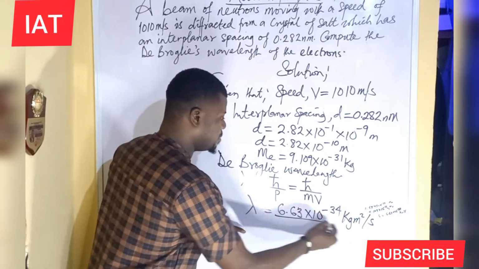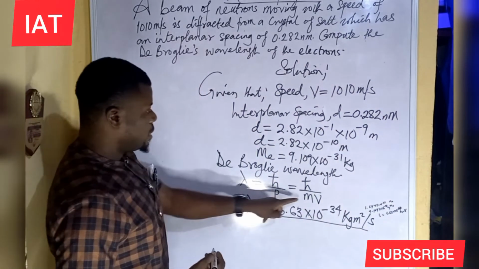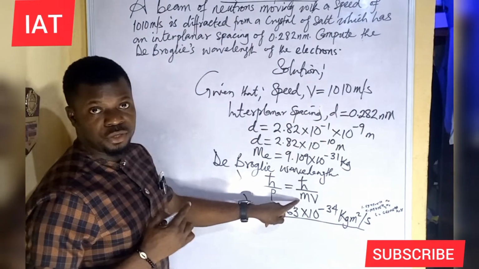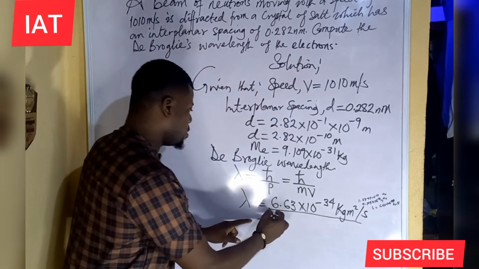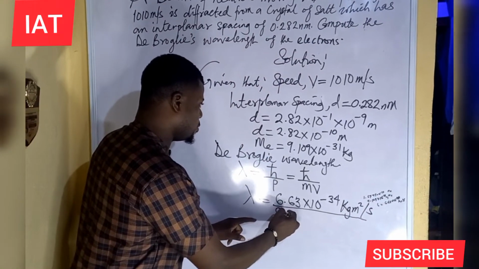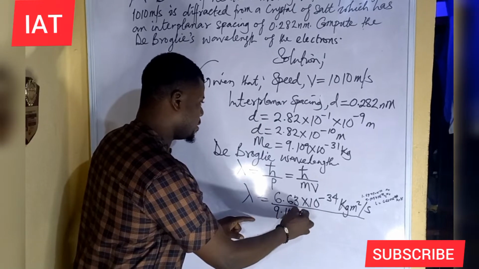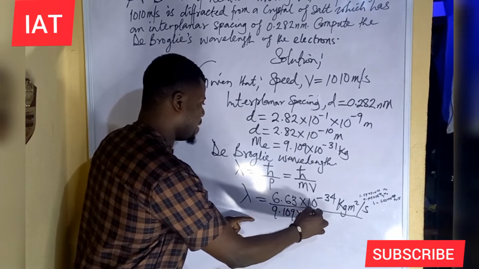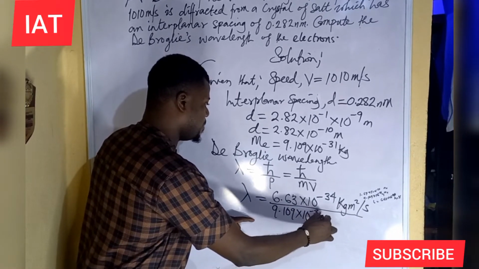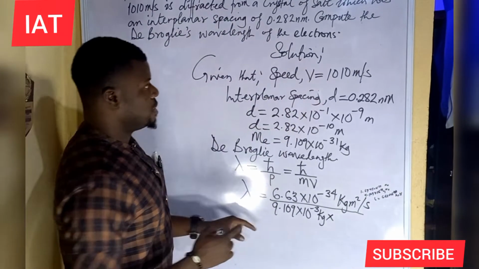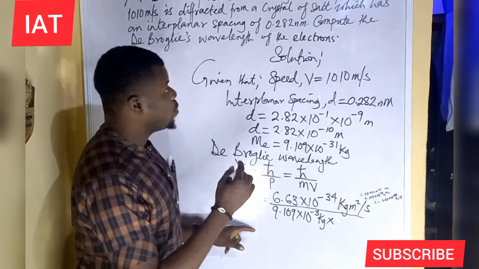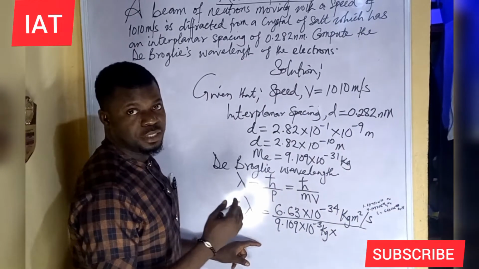This would be divided by the mass, which he mentioned here is the mass of the electron, 9.109 times 10 to the power of minus 31 kilogram, multiplied by the velocity, which is given here as 1010 meters per second.